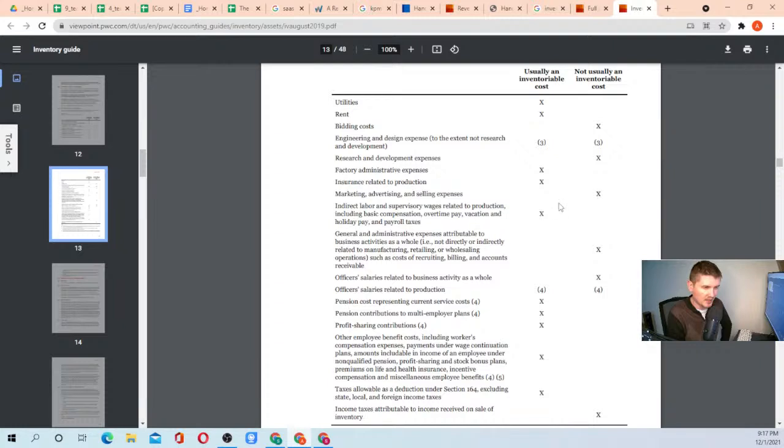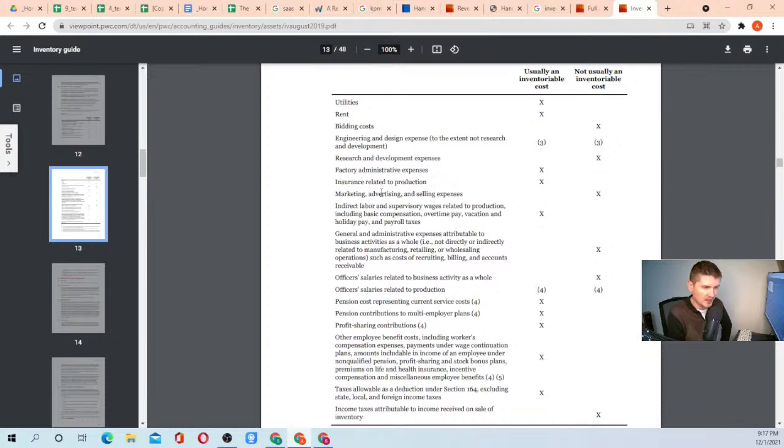So in most situations, marketing, advertising and selling expenses will not be capitalized to the cost of inventory and will be part of general selling and administrative expenses.